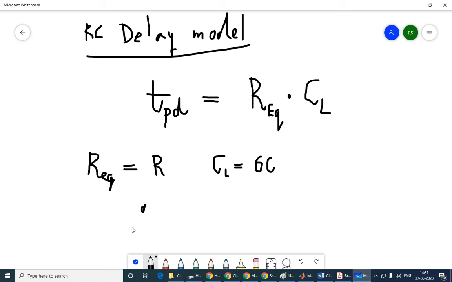So therefore delay is equal to the product of these two numbers, which is 6RC.